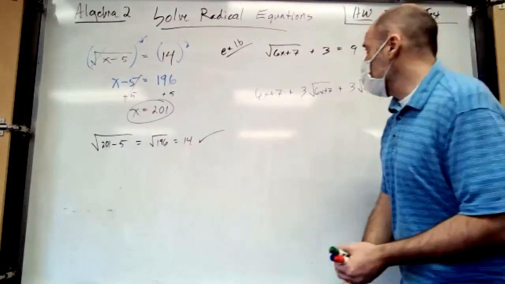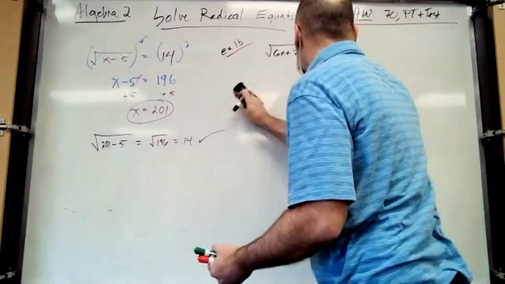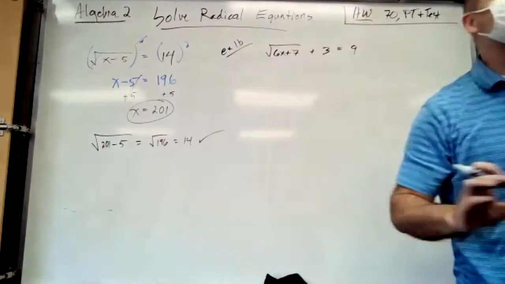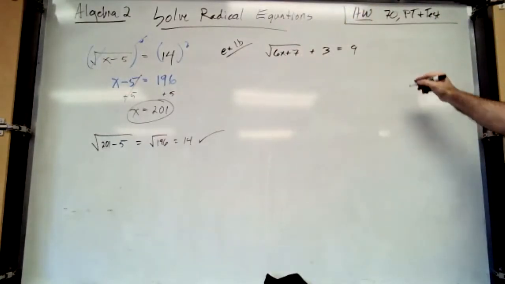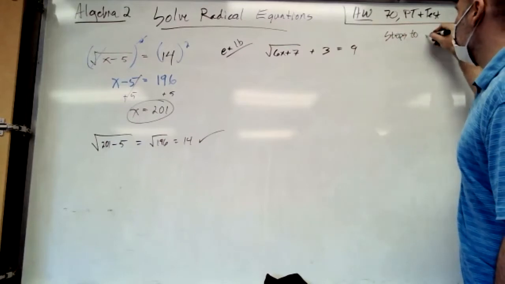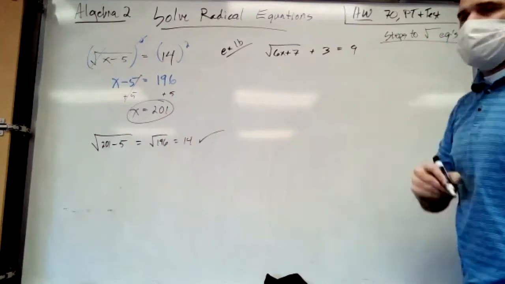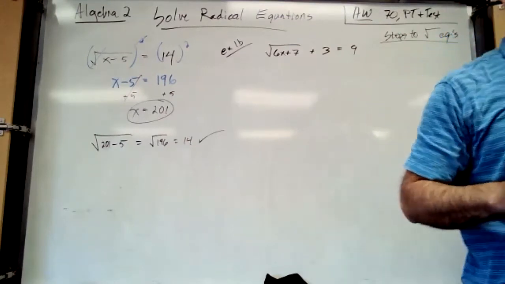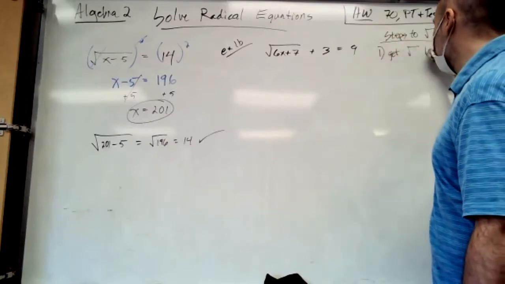So what should we do? Well, let me just tell you. The first step to solving radical equations is, instead of getting your variable by itself, you're going to get the radical by itself.